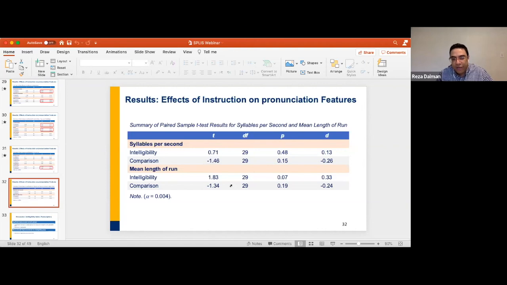Probably if the speakers had received a longer period of instruction and had done more activities, they would have shown a significant improvement in the fluency features.